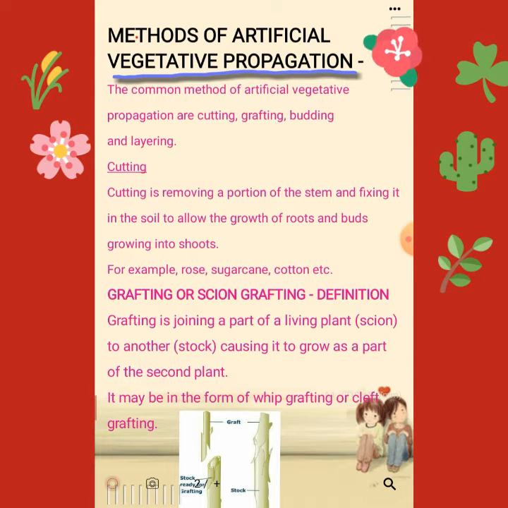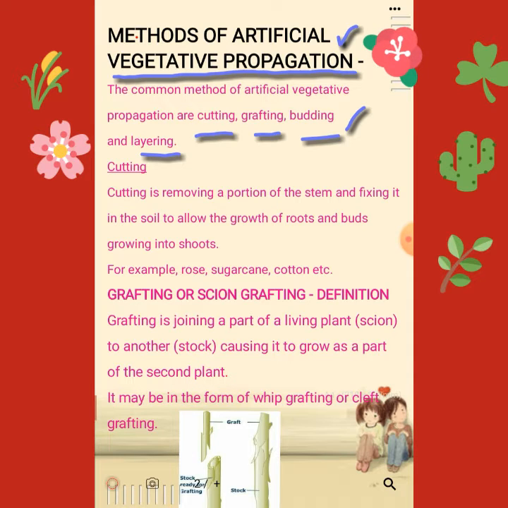To meet the population demand, there is a need of improving the technology and developing more quantity of plants and plant products. Common methods of artificial vegetative propagation are cutting, grafting, budding and layering. Cutting, grafting, layering are the main ones. Even budding also comes under artificial vegetative propagation.